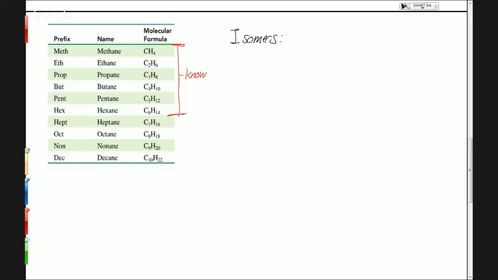Isomers are molecules with the same molecular formula, like CXHY or whatever, C4H10, whatever it might be, but different connectivity, meaning they're connected in different ways. So take your models out, and we're going to build a butane molecule.